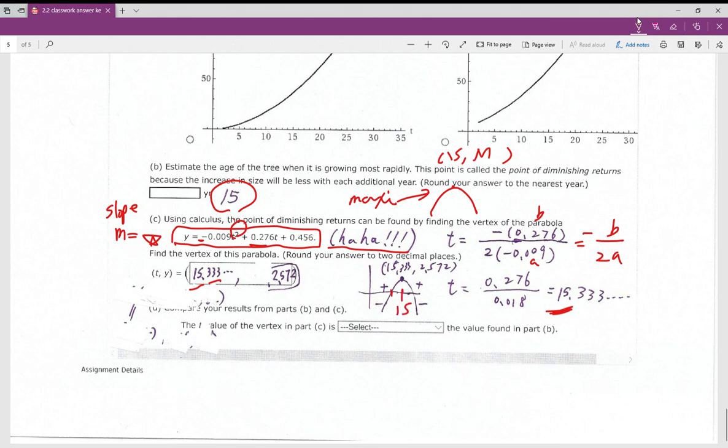Okay? And when it's 15, you are going to find the maximum. You plug in 15 to the original function, or from the calculator, they may show you this number, 2.572. You can use a graphing calculator. So this is the vertex. This is also the vertex for the quadratic function.